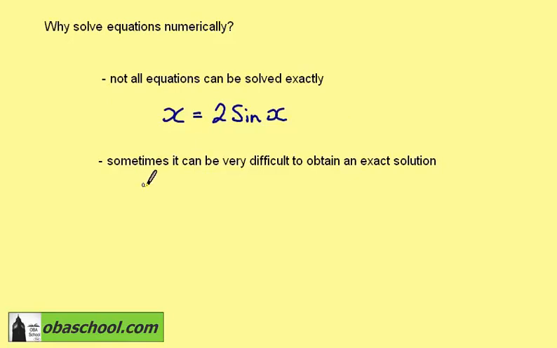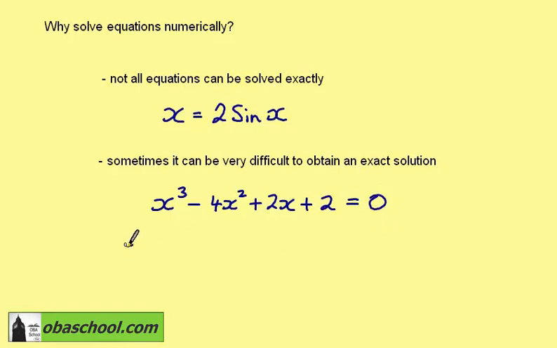Another situation where we might use a numeric solution is where it's difficult to obtain an exact solution. Take for example x³ − 4x² + 2x + 2 = 0.